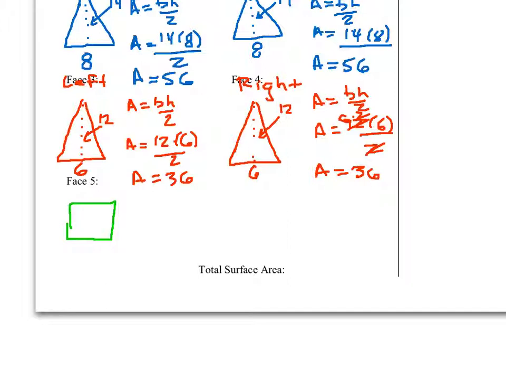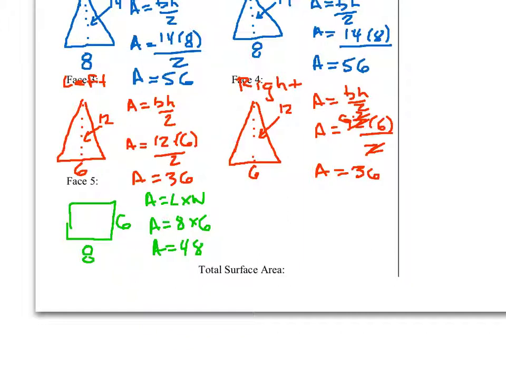So we know this is a rectangle, and what are the dimensions of this rectangle? Monique. 8 and 6. So the area of a rectangle is length times width. So 8 times 6 is 48.